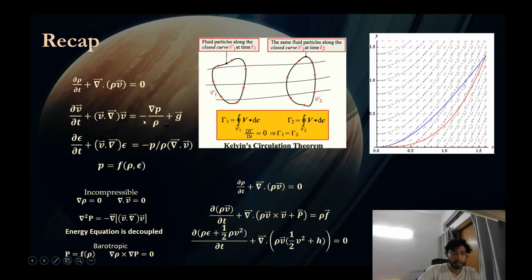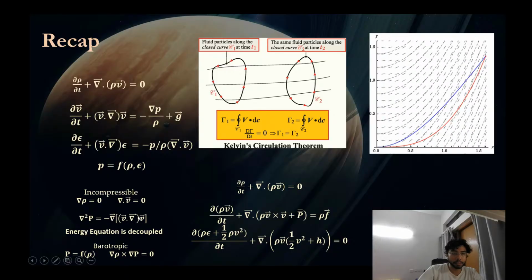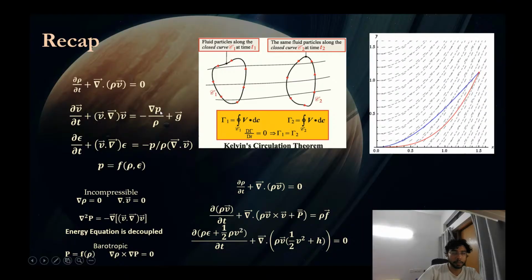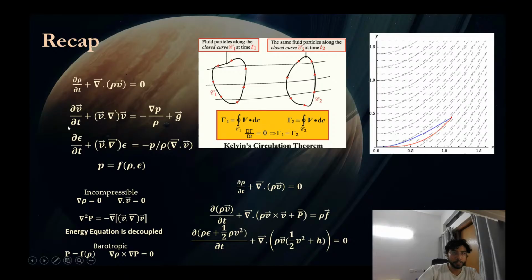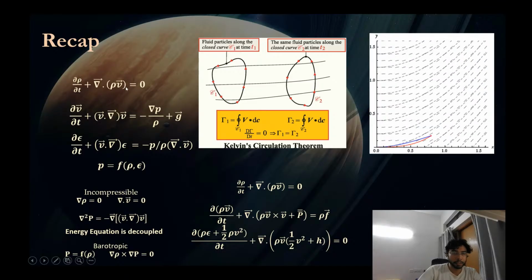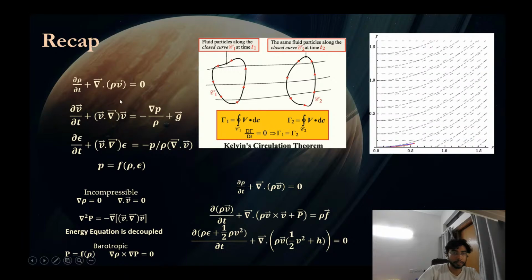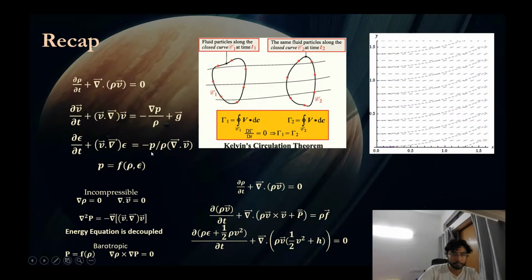You can have the pressure expressed in terms of velocities, so pressure is no more an independently unknown quantity. Therefore, you can self-consistently solve these two equations because you will only have four variables and four equations out of these two, and therefore this energy equation will be decoupled in that case.